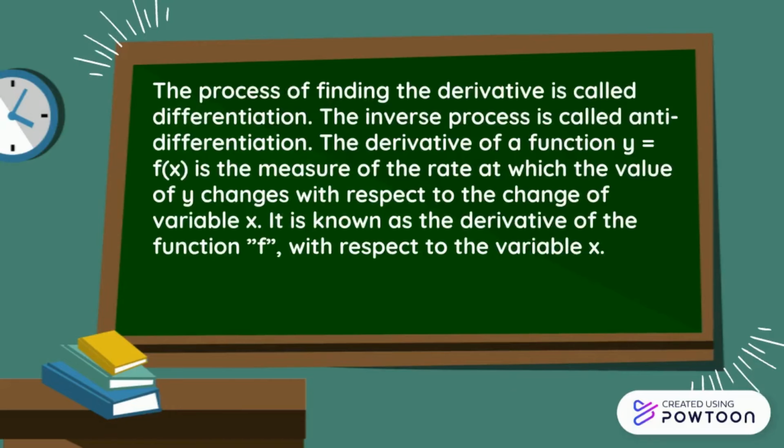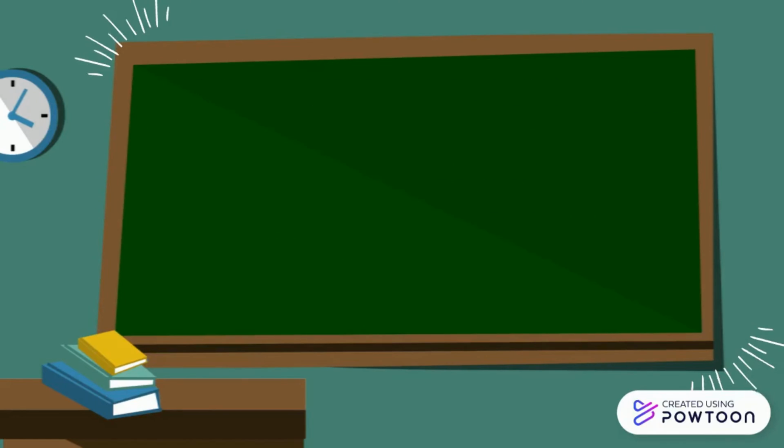The inverse process is called anti-differentiation. The derivative of a function y equals f(x) is the measure of the rate at which the value of y changes with respect to the change of variable x. It is known as the derivative of the function f with respect to the variable x.